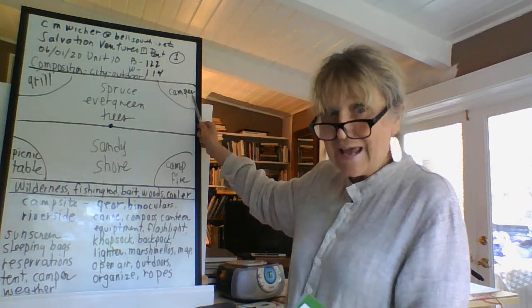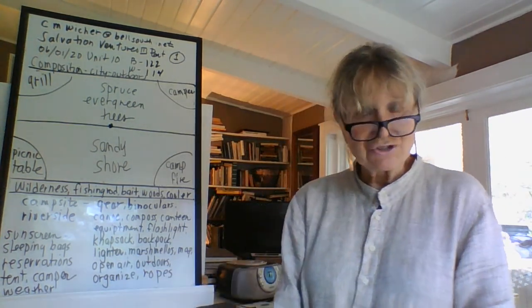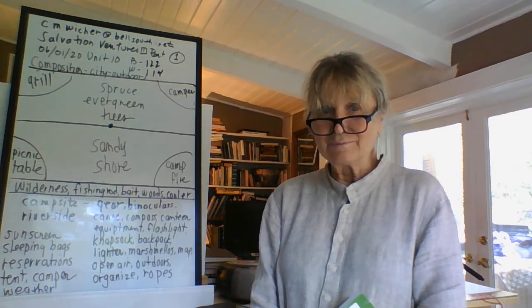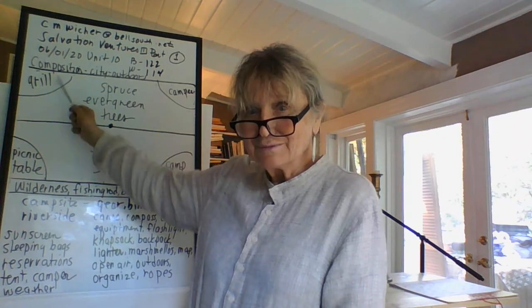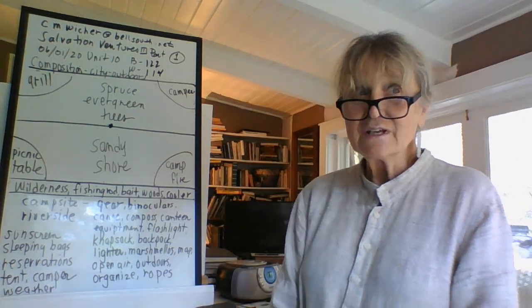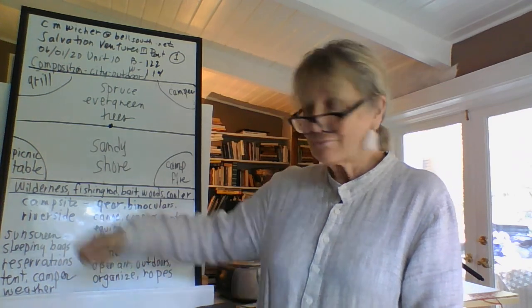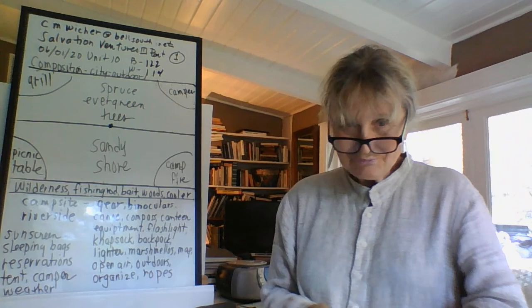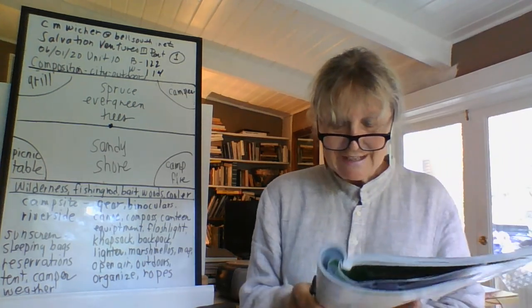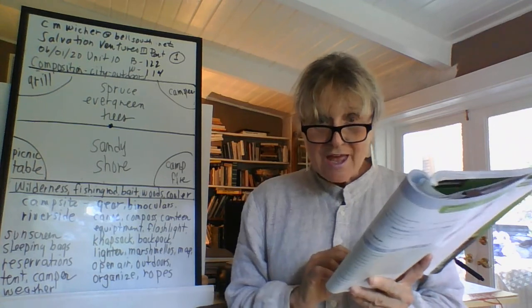That's right, camper. What word do you see in the upper left-hand corner of my rectangle? Grill. What word do you see in the lower left-hand corner of my rectangle? Picnic table.